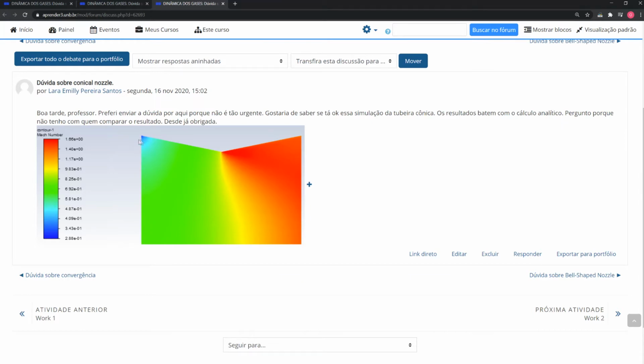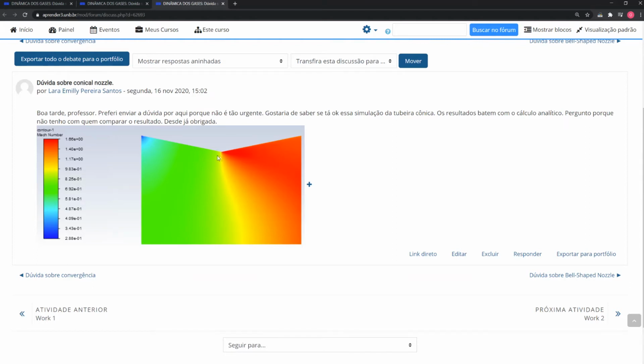This deceleration happens because your flow is horizontal before, and then it changed direction rapidly. It's normal, but it can always be improved if you define not a uniform distribution of the velocity, but a distribution of the angle from zero on the axis until the velocity direction on the wall is the same as the wall direction. But it's absolutely not an issue for the simulation which I asked you to do in gas dynamics. So you can deliver it as it is right now, and it's quite good.